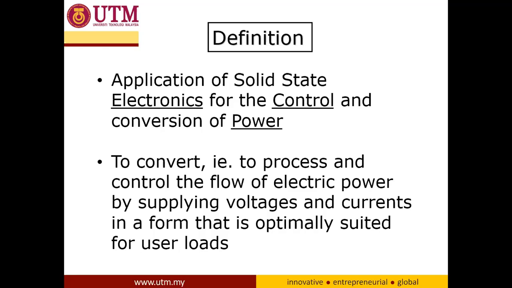We need a conversion technique where the power is stepped down from 50 to 5 volts, but this must be done with a view to achieving very high efficiency. Meaning that 100% of the power from the input is transferred to the load without any losses. So that is power electronics: converting in a very efficient way.